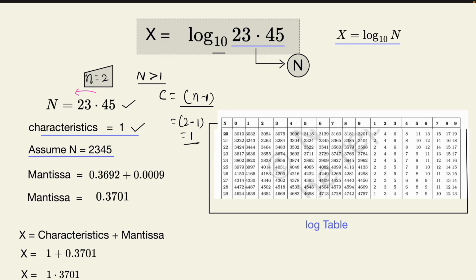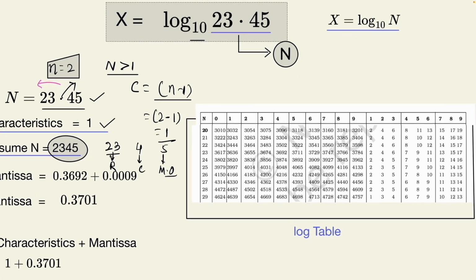Now to find the Mantissa, we have to remove this decimal. So when we remove this decimal, we can write it 2345. And in this 2345, 23 represents row, 4 represents column, and 5 represents mean difference. So we will go to the row 23.